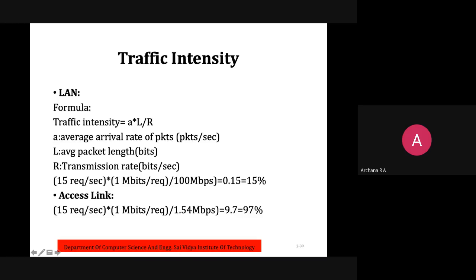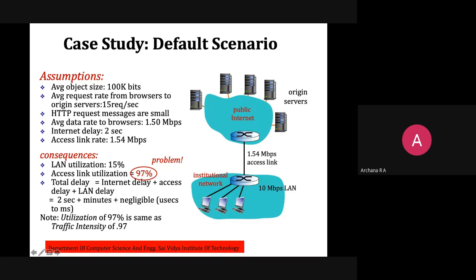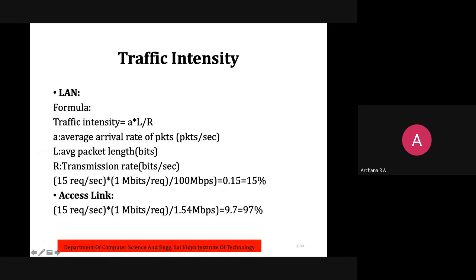Then for the access link, in the same way, we have to calculate. See here, this is the access link, and this is your local area network. In the local area network, the traffic intensity is about 0.15, that is only 15%. But if you consider the access link, how many requests are you able to send? 15 requests per second.